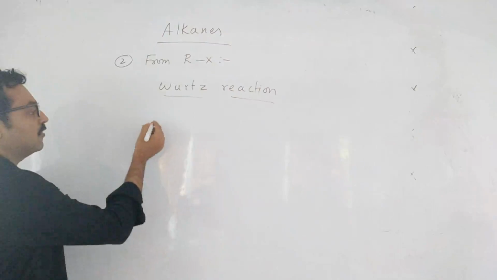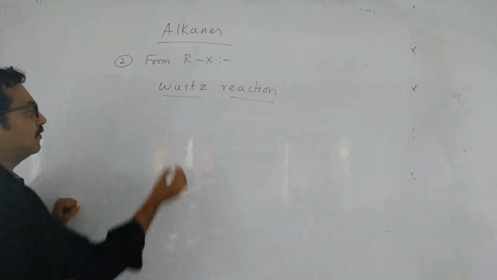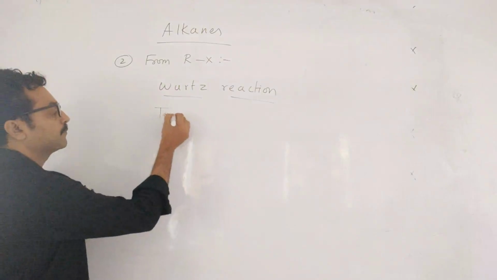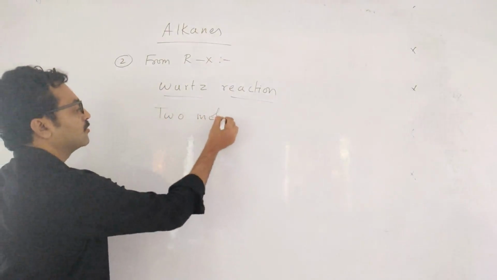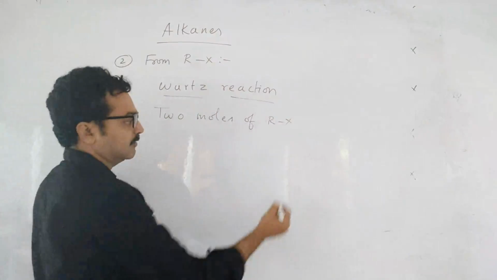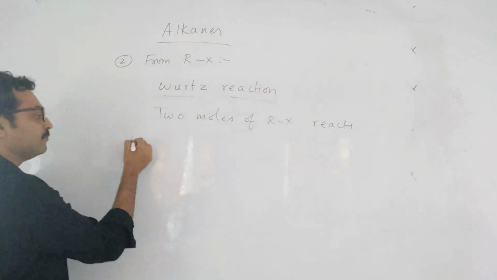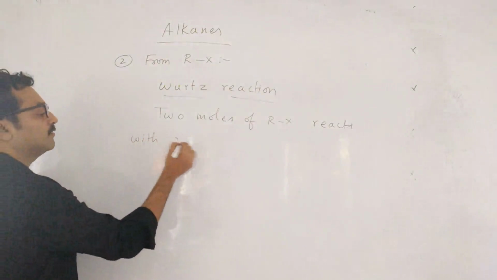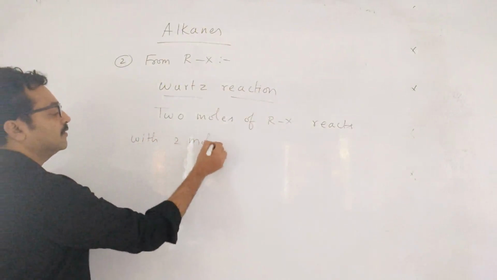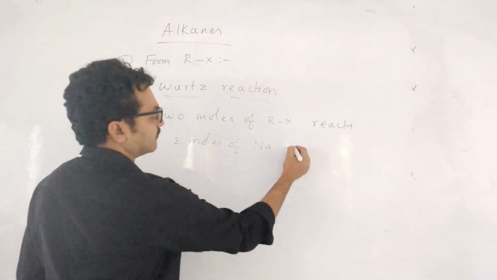So 2 moles of alkyl halide reacts with 2 moles of sodium in the presence of dry ether.